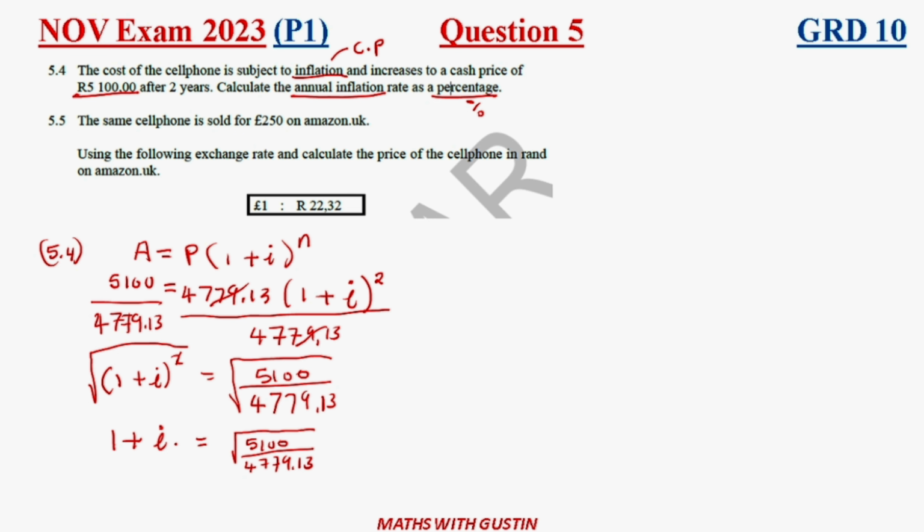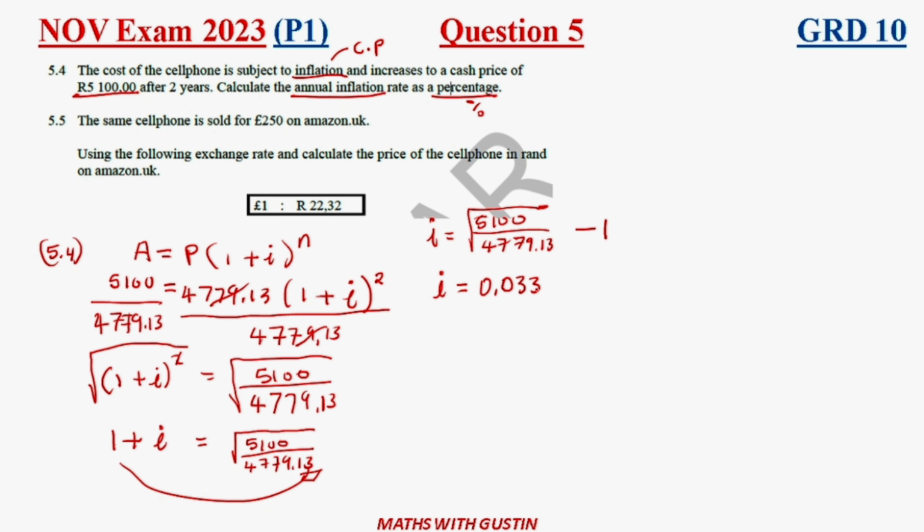Therefore, now we're looking for i, so the 1 comes to this side, and we're left with i equals the square root of 5,100 over 4,779.13, minus 1. I hope I'm not making a mistake here, guys. Please check my math. If I make a mistake, let me know in the comment section below. So now we're going to punch this into our Casio calculator, put it all together straight away. Let me just check. This is what I'm getting.